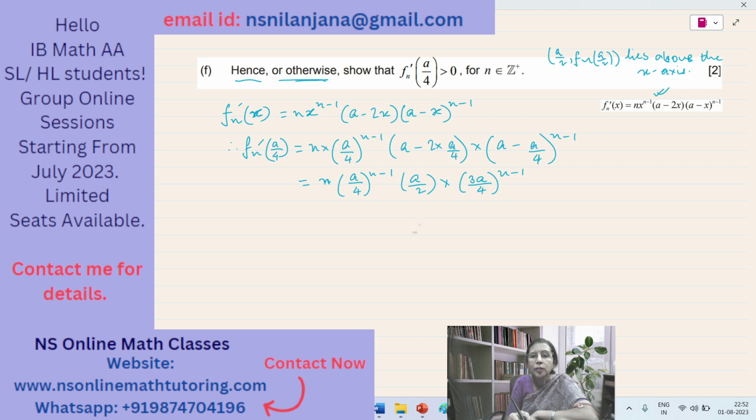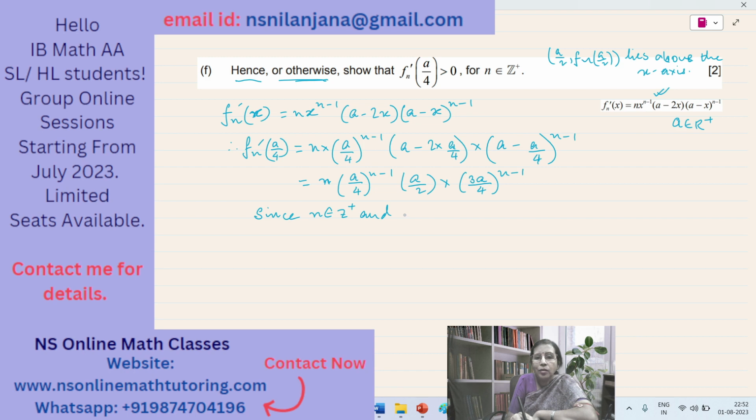Fine. So since n belongs to the set of positive integers and, actually, a belongs to the set of positive real numbers. Okay.